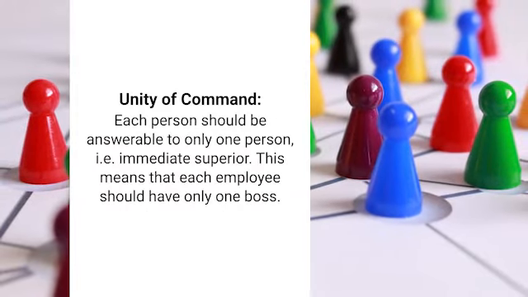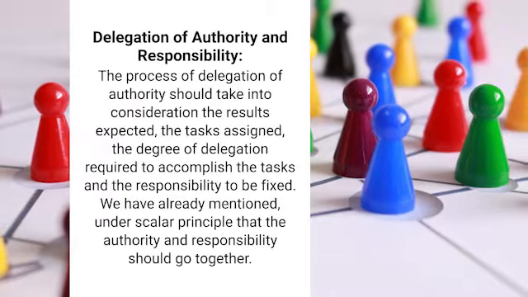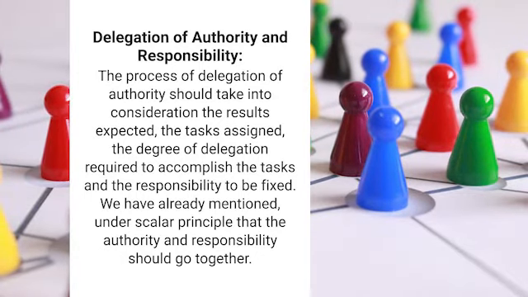Then comes unity of command. Each person should be answerable to only one person, that is, the immediate superior. This means that each employee should have only one boss. Delegation of authority and responsibility. The process of delegation of authority should take into account the results expected, the task assigned, the degree of delegation required to accomplish the task, and the responsibility to be fixed.